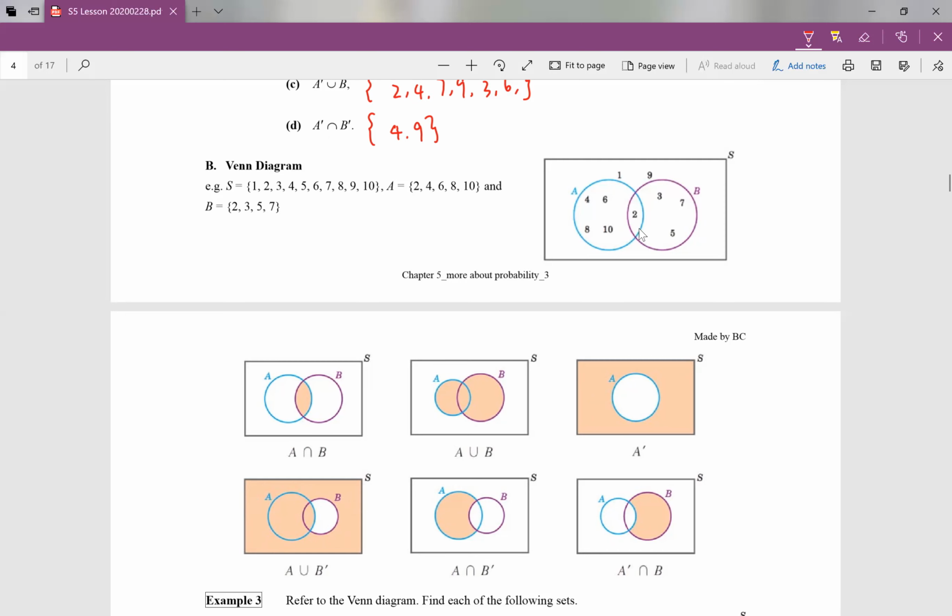And here you can see there is an overlapping part, meaning the intersection of A and B, and there is a common element in there, 2. There are also two numbers that don't belong to A or B, 1 and 9. So we put them there. So this is the Venn diagram of these three sets.